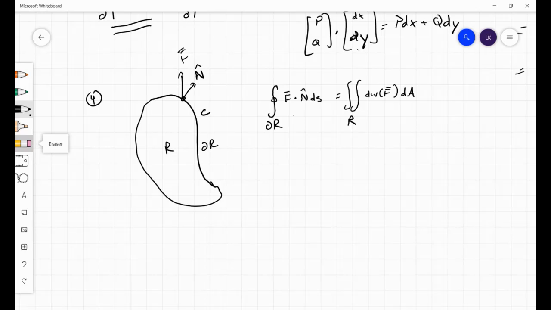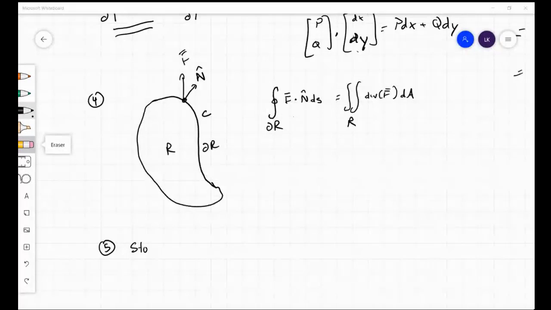So I think you had that in class, but I really wanted to get to Stokes theorem. There's a divergence theorem for 3-dimensional space. That's what we really want to get to.